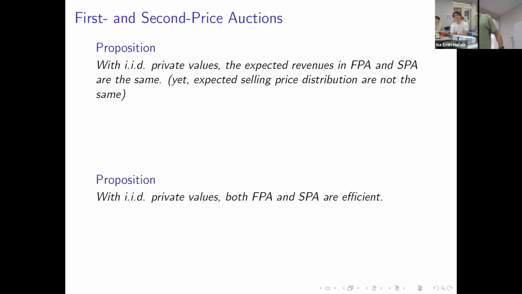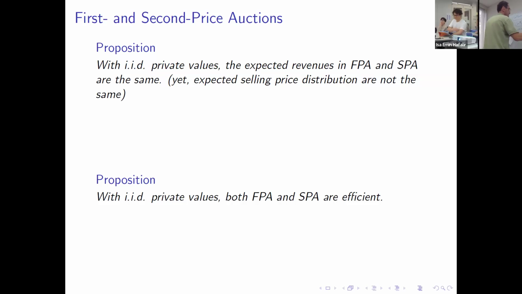I need to somehow understand the distribution of the third highest out of n random variables, right? So let's write the following. f, the density of the second highest out of n minus 1, of y, given that y1 is smaller than x.